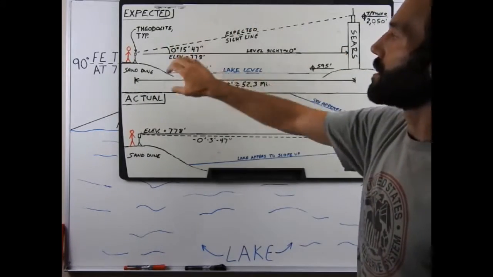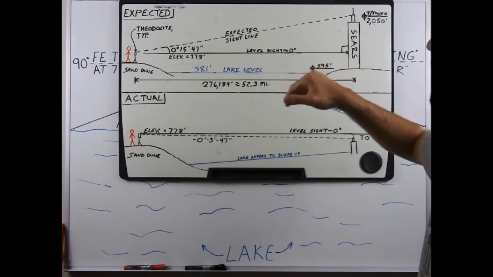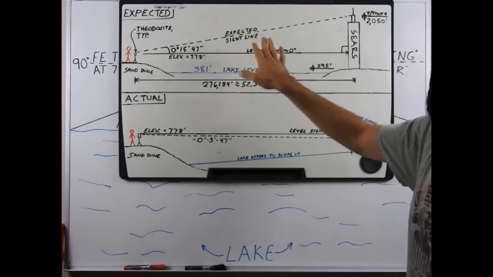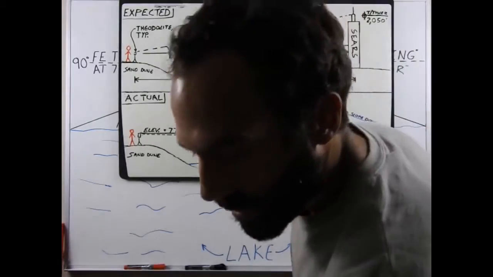But we would also have our own perspective effects going on here. We would actually see the lake sloping up. But this is just an idea of how to visualize this calculation, how it was done. I've got the actual down here, but I'll talk about that in a minute.